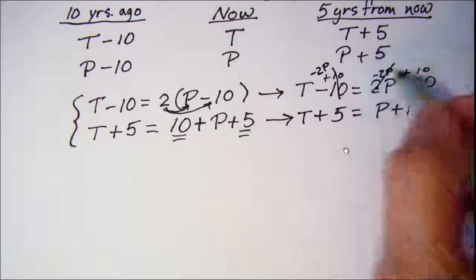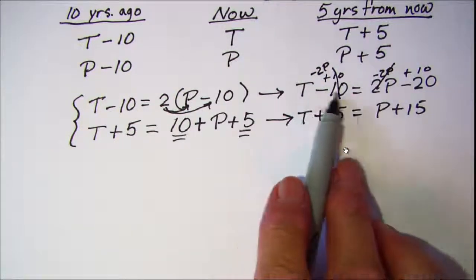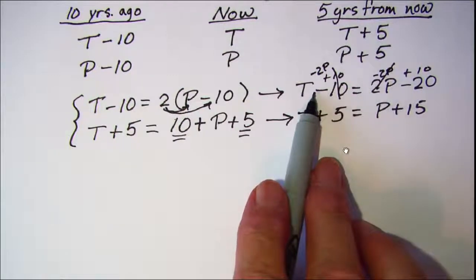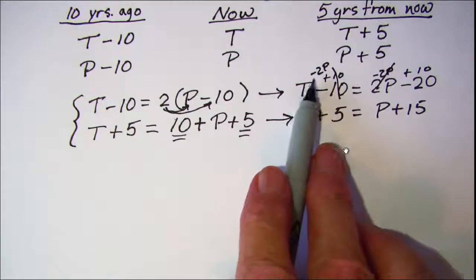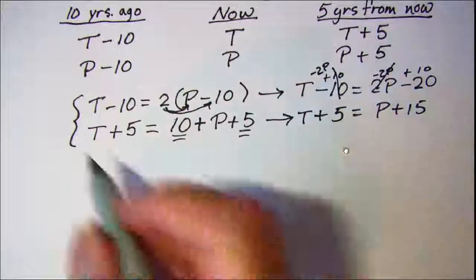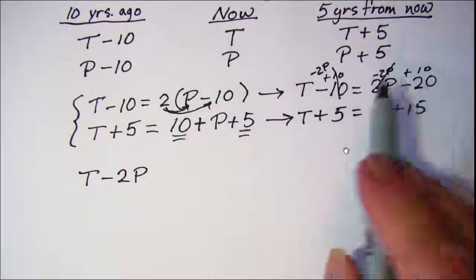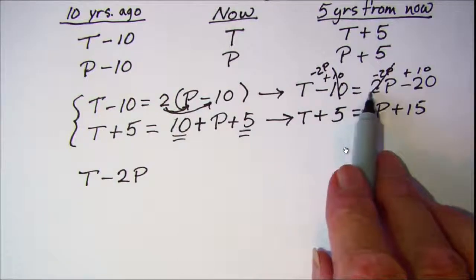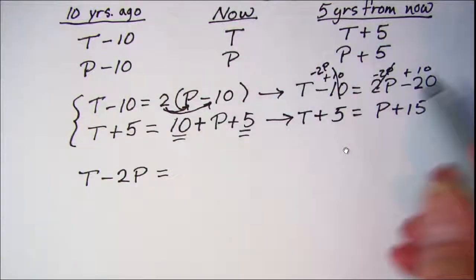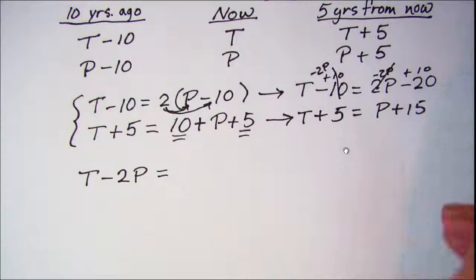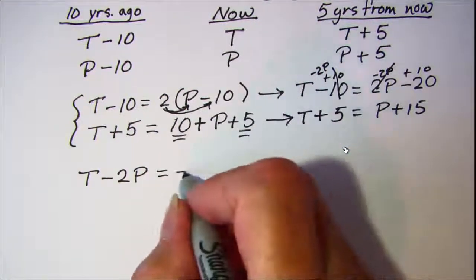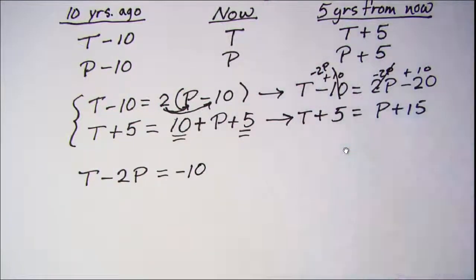And that'll cancel these off. So let me rewrite this equation now. It's T minus 2p equals, and then 10 and negative 20 is negative 10.